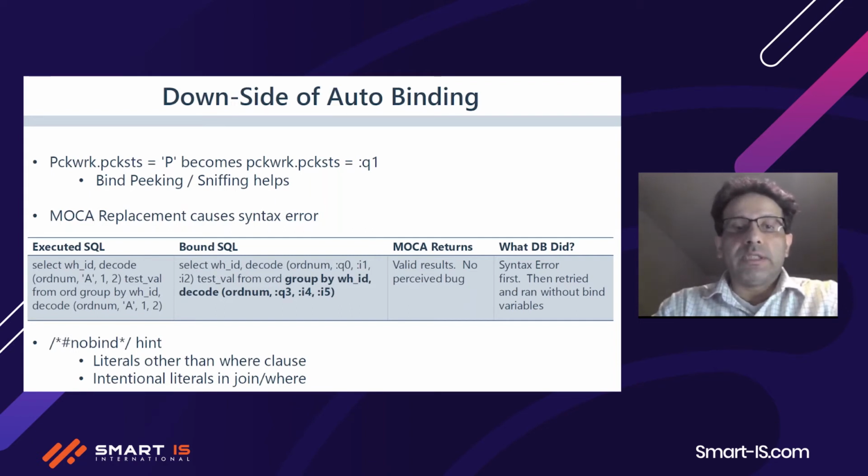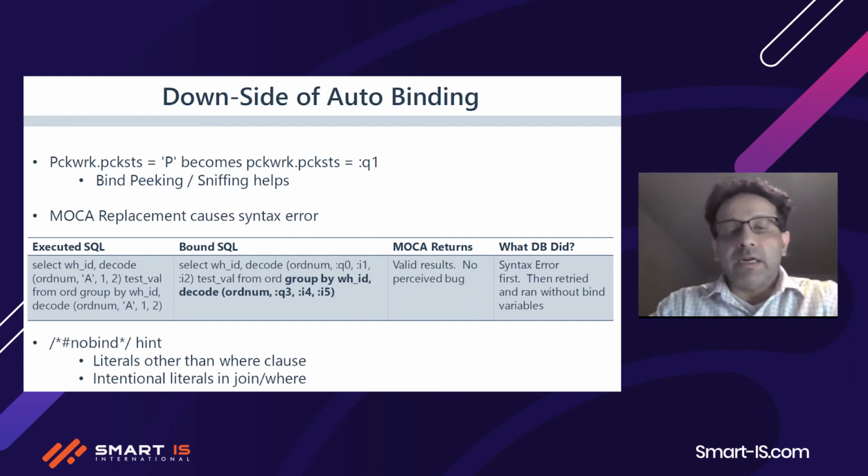So what is the downside? If you are familiar with the pickwork table, imagine pickwork could have hundreds of thousands of records, if not more, millions of records in certain scenarios. If you did a query with pick status equals P, even if you have a million records, there are only a few records, comparatively speaking, in pending status, because the majority of them would be in complete status.